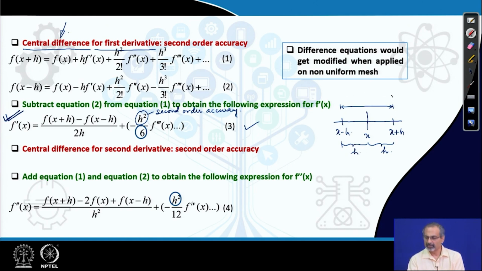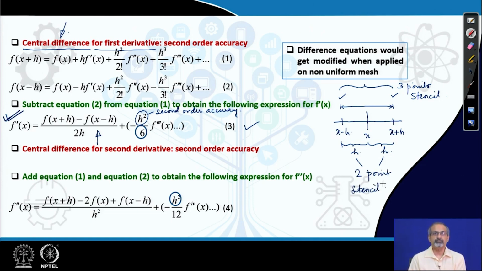Now, you have this point and this point participating in the formula, but then the number of grid points over which you are performing the finite difference operation is 3 points. Therefore, this is called a 3 point stencil, while these 2 cases would involve a 2 point stencil. So, one thing you notice is that as the order of accuracy increases, the stencil size also increases.